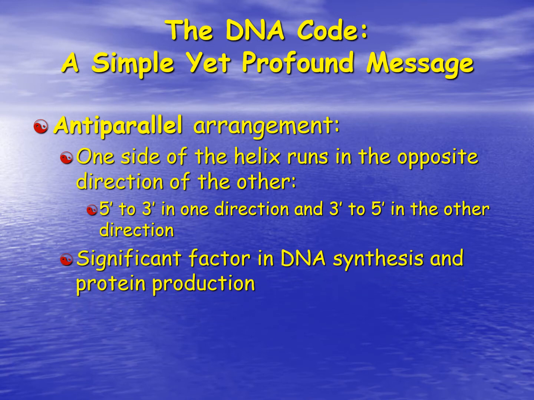This is a significant factor in DNA synthesis and protein production because when we copy DNA and RNA, the new copy will always be synthesized in the 5' to 3' direction only.